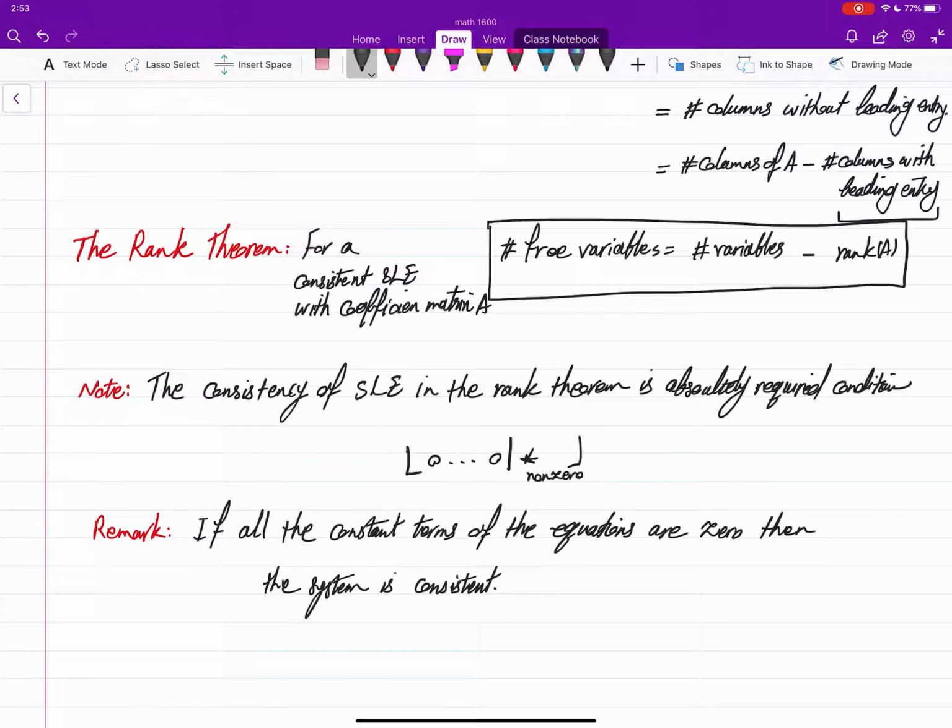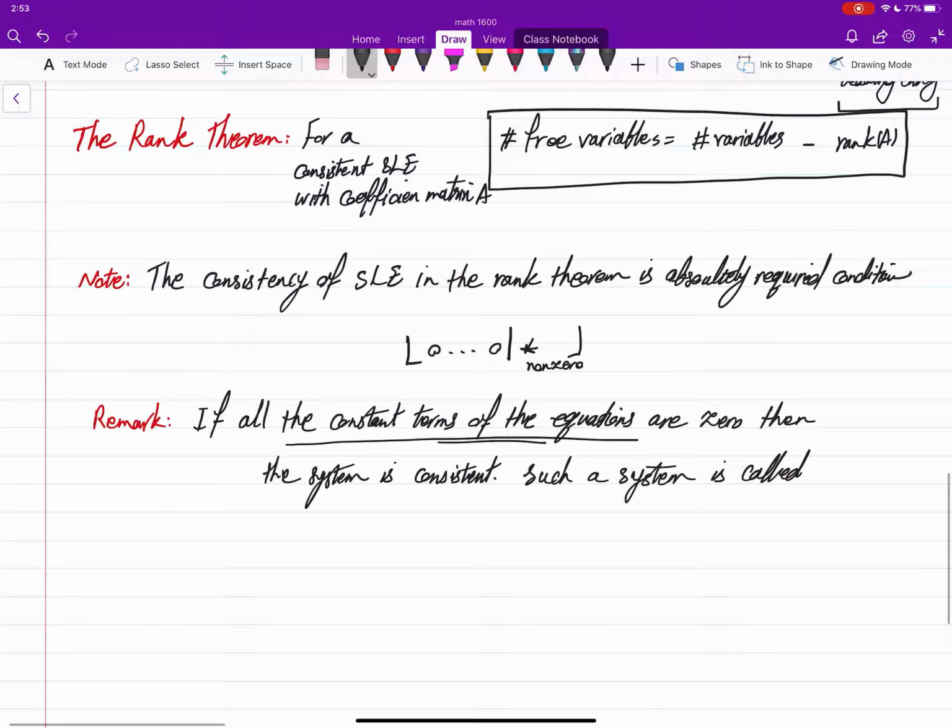And actually, such a system which has all the constant terms equal to 0 is called a homogeneous system. So it is, the name we have is, such a system is called a homogeneous system.